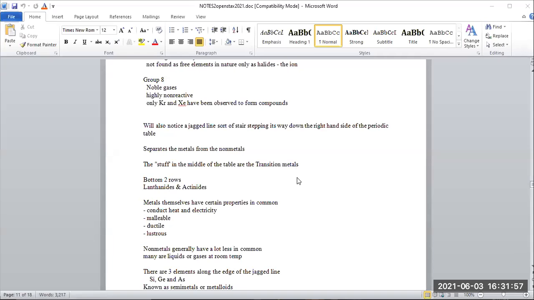Indicating where the staircase is actually serves a purpose. Anything that is above the staircase is a metal. There are many, many more metals than there are non-metals. And actually, I said that backwards. The stuff in the upper right-hand corner is the non-metals. Everything else is the metals. There are still way more metals than non-metals.